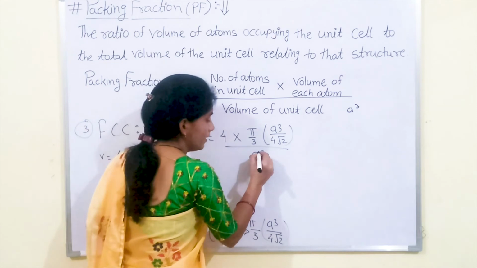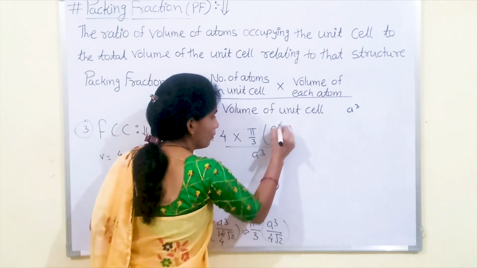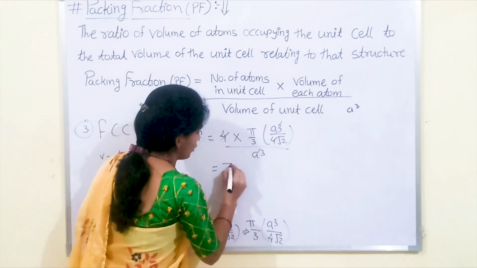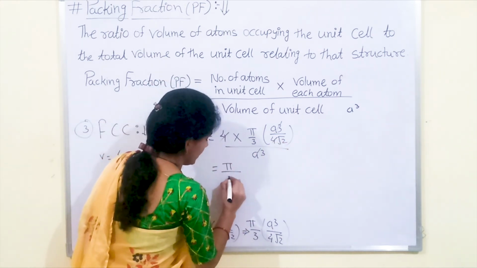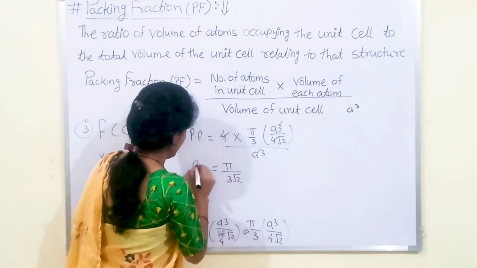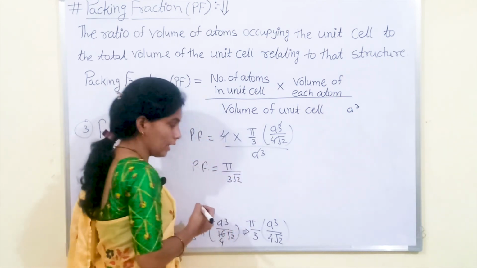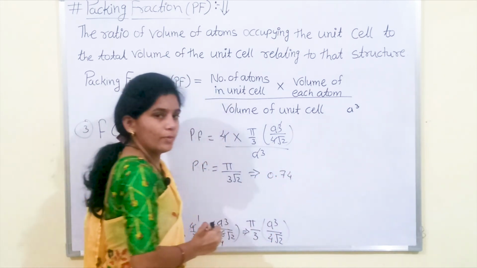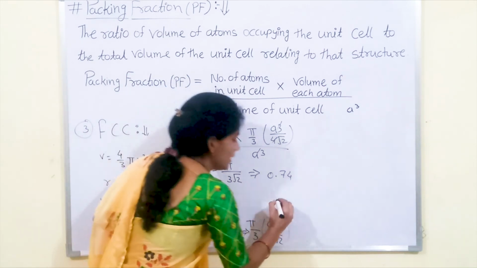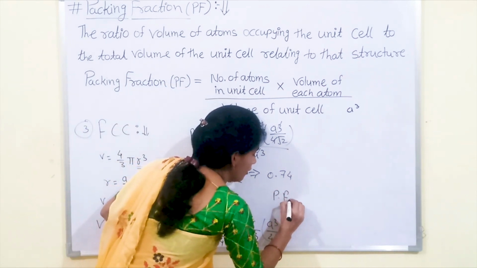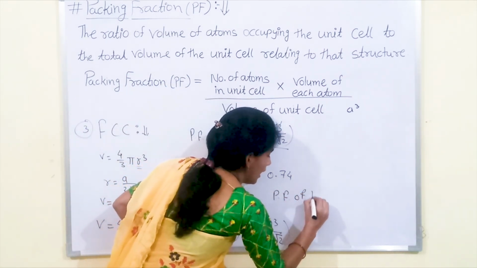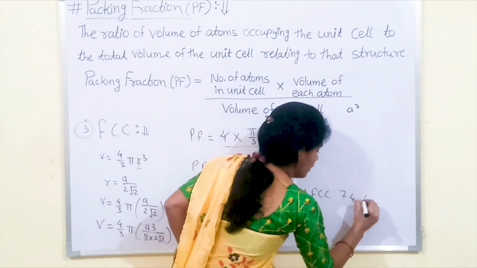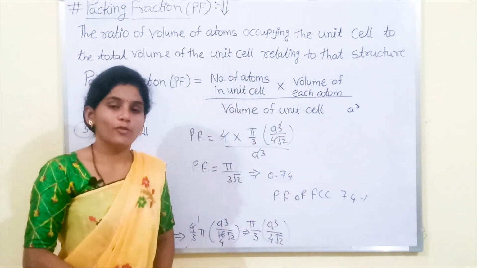The a cube cancels and the 4 cancels, so PF is pi divided by 3 root 2. Calculating this value, we get 0.74. In percentage, the packing fraction of FCC, face centered cubic, is 74%. Thank you for watching this video.